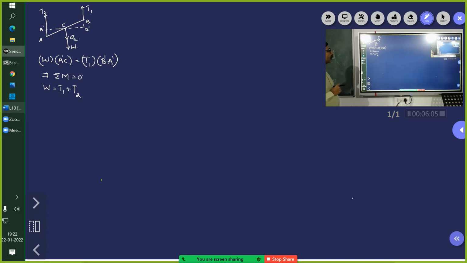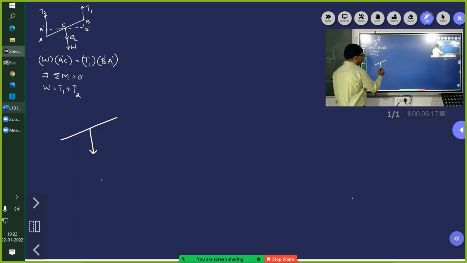Force W will act, sir. It will become an unbalanced force. So we will start with that. About B we can take torque. Yes, sir. Okay, and you want to make A ICR.